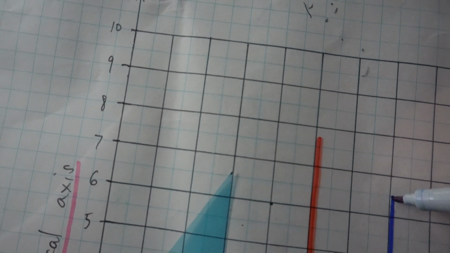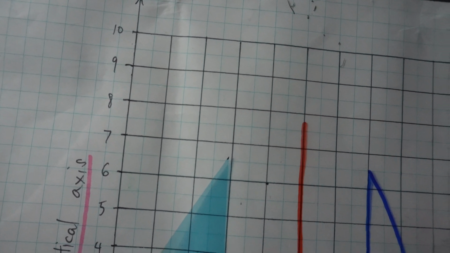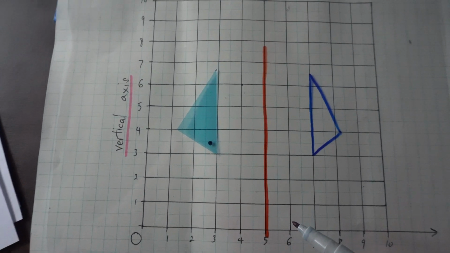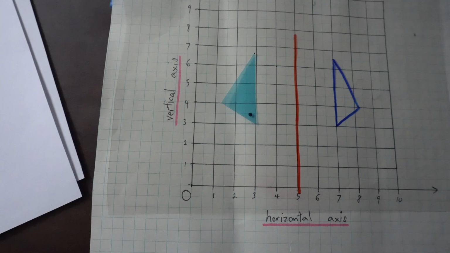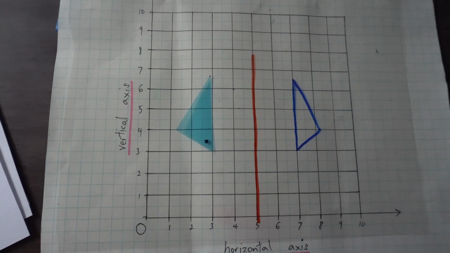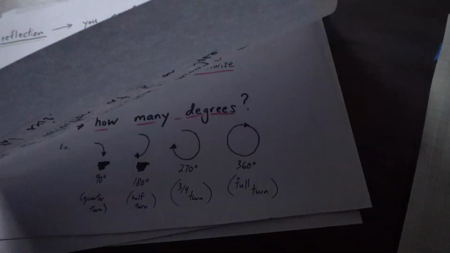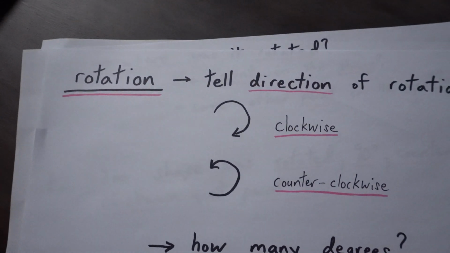Oh, I've already botched it, but you get the idea. So this would show a reflection at 5 on the horizontal axis. So again, you have to state what it is, reflection. You have to state where that line is and on which axis. Those 3 things.